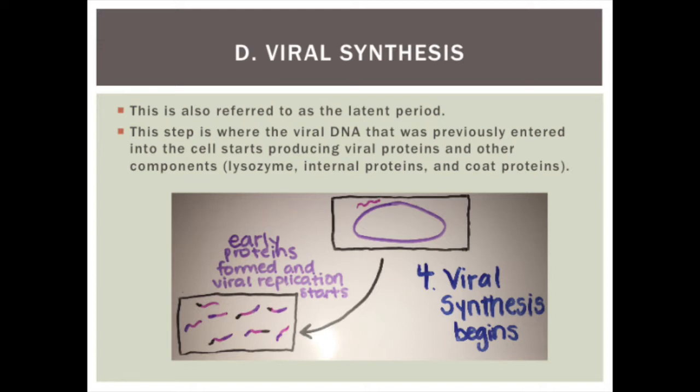This is the step where the viral DNA that is already in the cell starts to produce its own viral proteins and other components necessary for maturation and release. And some of the other proteins and components that the viral DNA starts to produce inside of the host cell are internal proteins, coat proteins, and lysozymes. And this is just so that new viral bacteriophages can be assembled and ready for release.